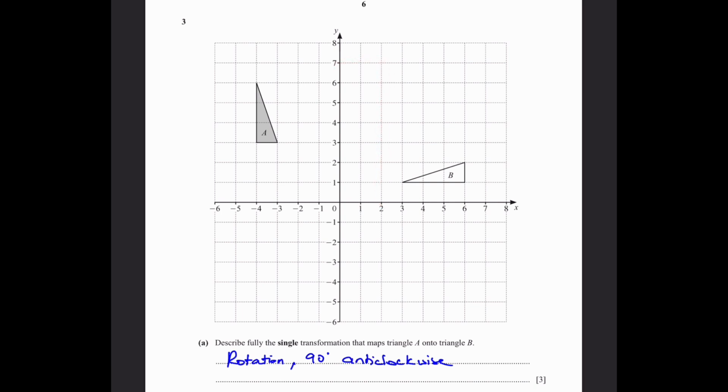2, 7. And this is 6 units to the right and 1 unit above our corresponding point for triangle A, and is 6 units above and 1 unit to the left of that same corresponding point on triangle B. What's the similarity? It's both 6, 1. The difference? The direction.